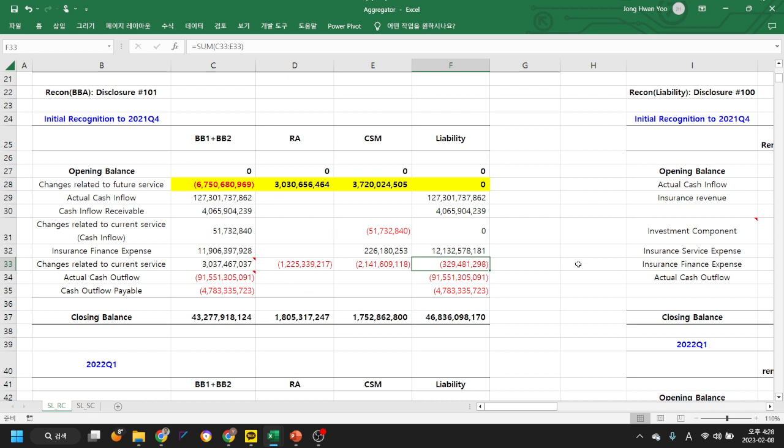So there are two different components. One is coming from the experience adjustment for the premium side, and the other is the estimate adjustment difference for the future LRC estimation, and that's going to come into this portion.